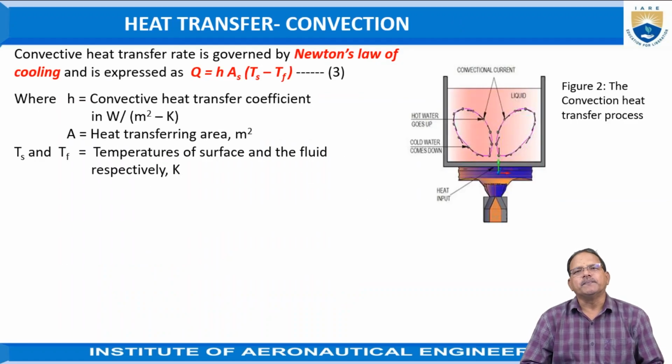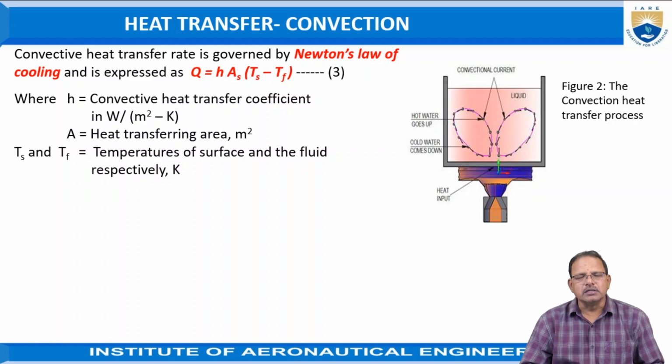Similarly, for the heat transfer which takes place in gases and liquids by the convection process, Newton's law of cooling is generally used to determine the magnitude of heat transfer.